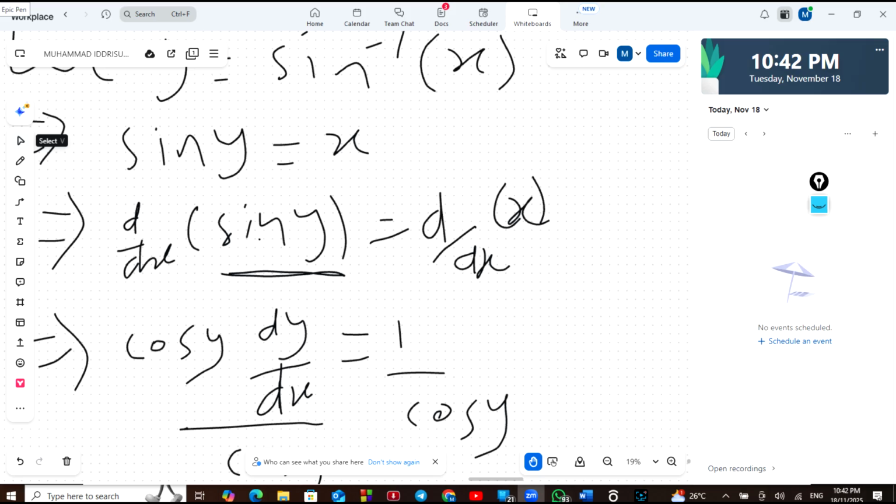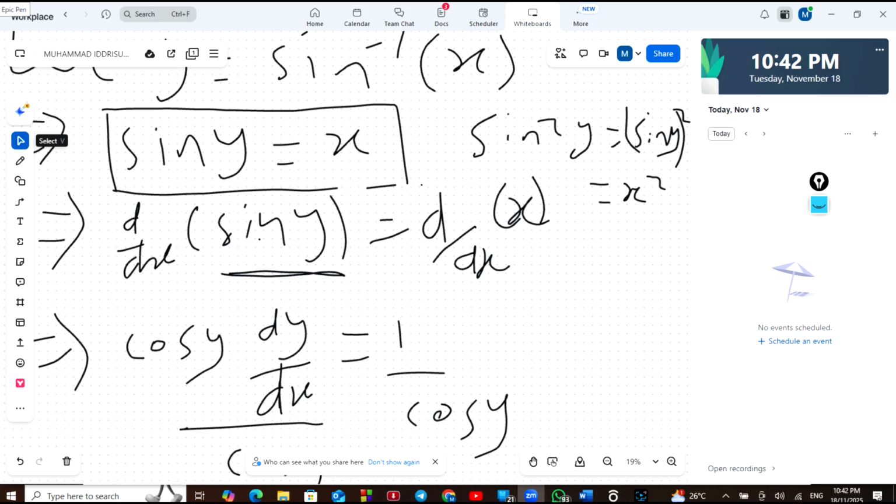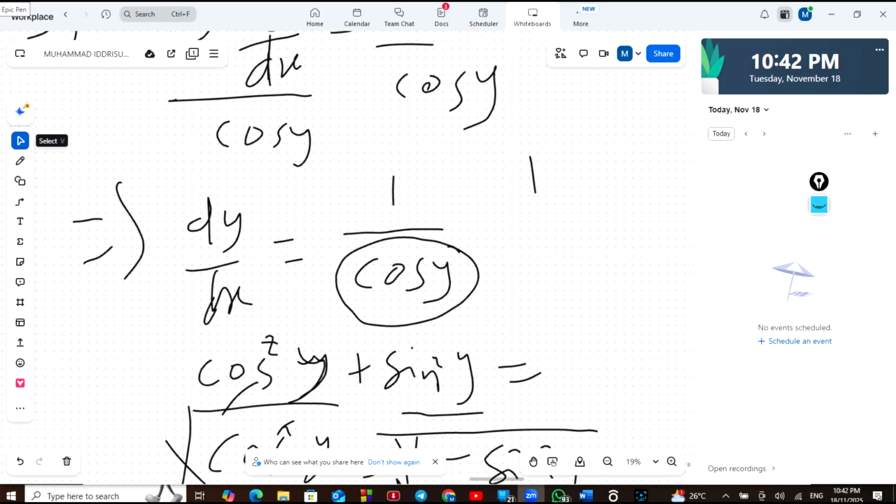Sine y is the same as x. So we are now substituting x for sine y. And remember that sine squared y is the same as sine y all squared, and this will give me x squared. So sine squared y is the same as x squared.